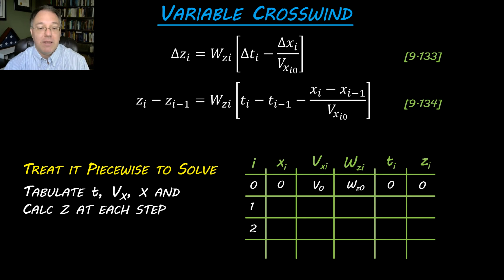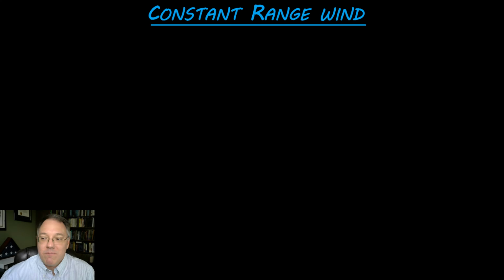Sometimes it's easier to use the meters there instead of the interval number. But we can calculate that and take it through time: how much more have we moved over in our deflection in each little segment, add them all together, and that'll get us our total deflection as we went downrange.